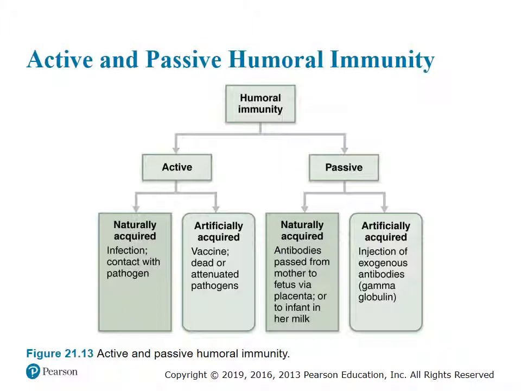Okay, so this summarizes those two different types of humoral immunity, the active versus the passive. The active, if you get it by nature, is a normal childhood type of experience, the natural one. This is also childhood and adulthood: vaccines.